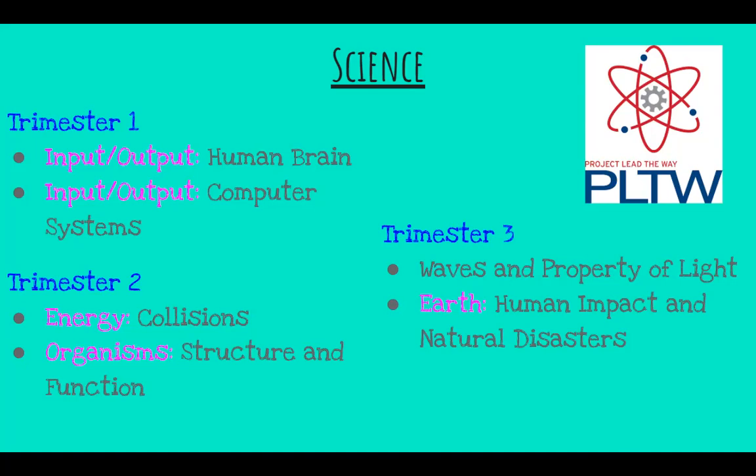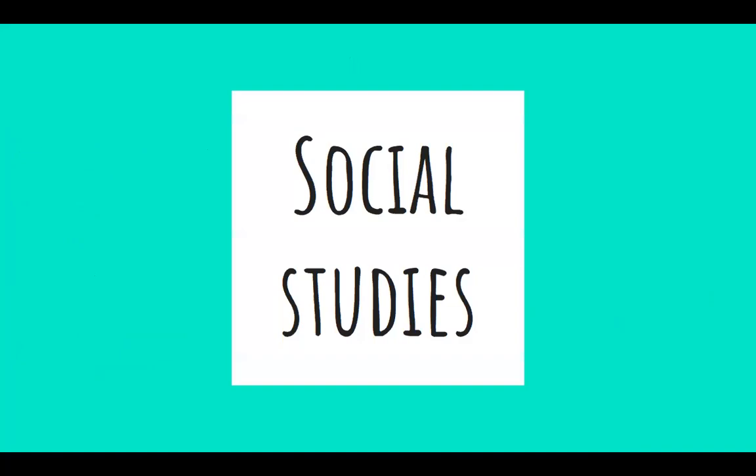Then our final trimester, we'll start off with waves and properties of light, talk about how light is created and made. And then we'll go into the final module, which is Earth, and talk about human impact and natural disasters.